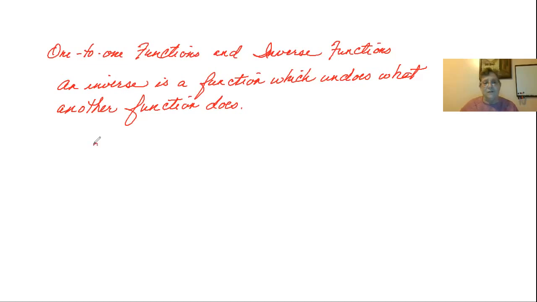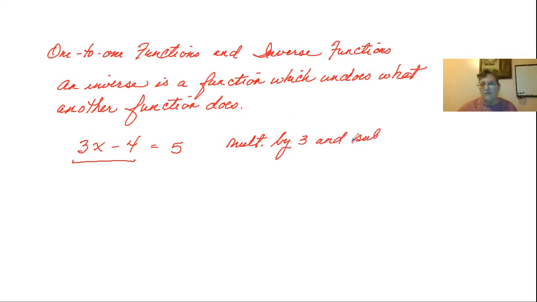For instance, if we had 3x minus 4 equals 5. So what we're doing over here, if we plugged a number in, we would multiply by 3 and subtract 4.